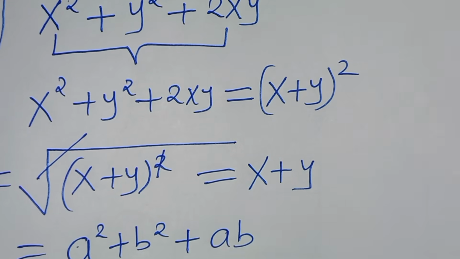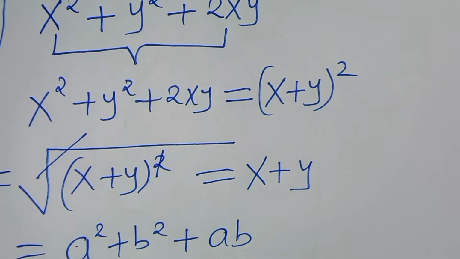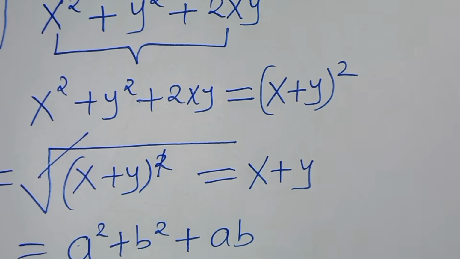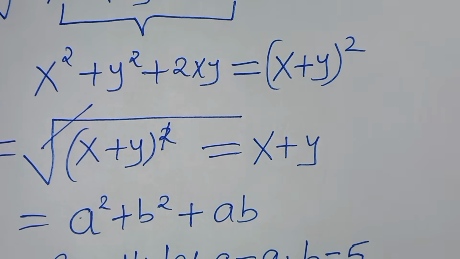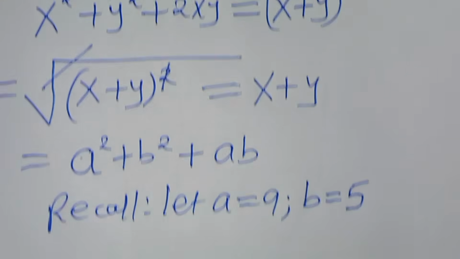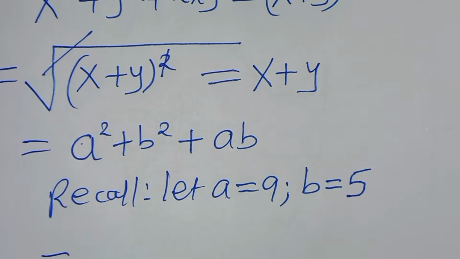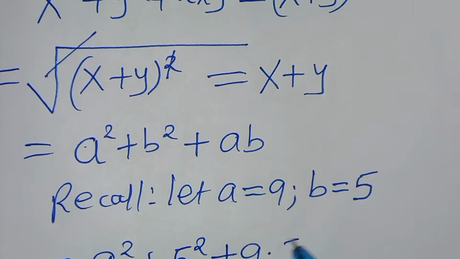But if you recall again, we are saying that let a be equal to 9 and b equal to 5. So this implies that here we'll have 9 squared plus 5 squared, then plus 9 times 5.